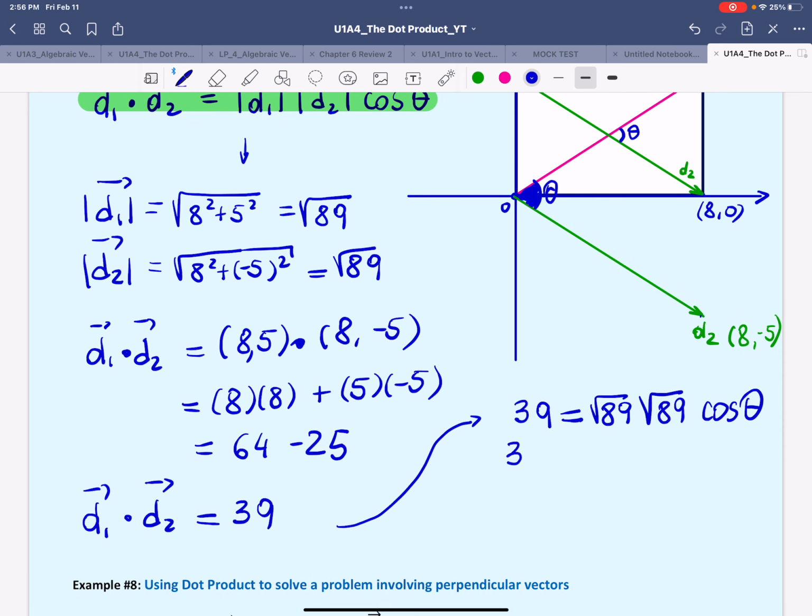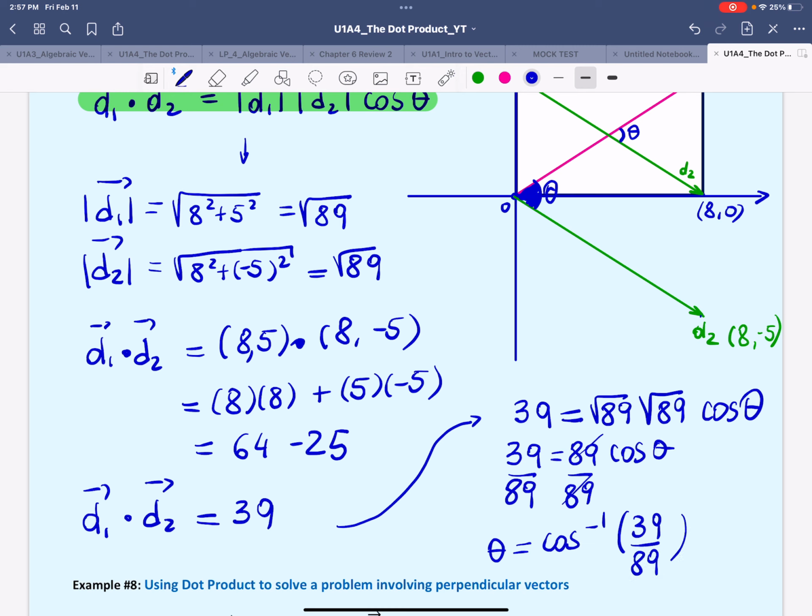So 39 equals 89 cos theta. Divide both sides by 89 to isolate cos theta, and we get theta equal to inverse cos 39 over 89, which will give the angle 64 degrees.